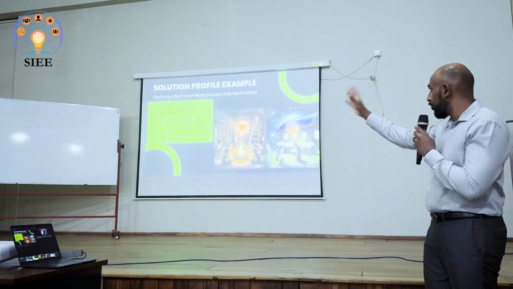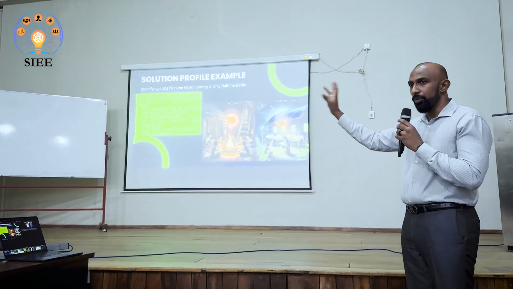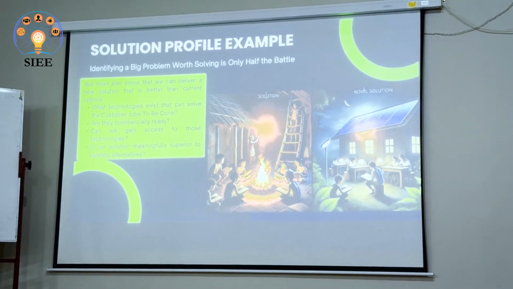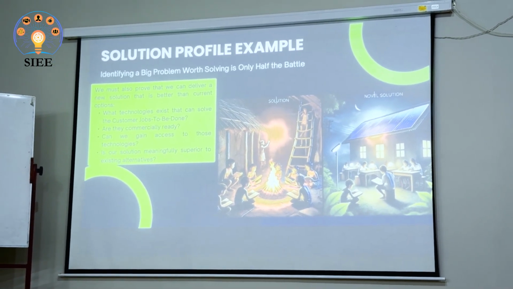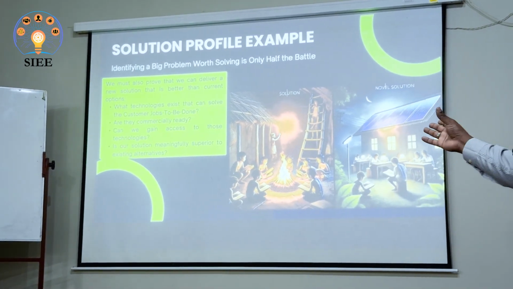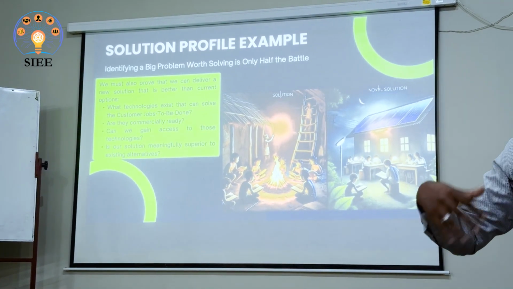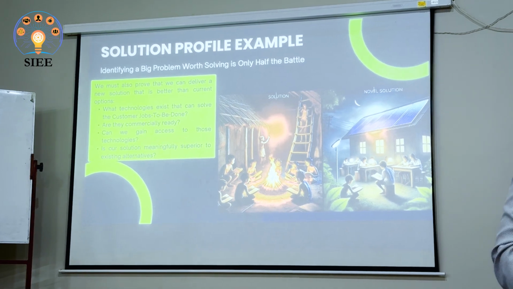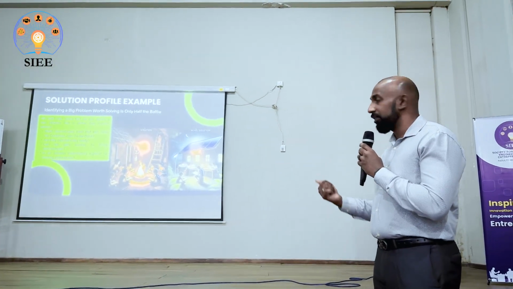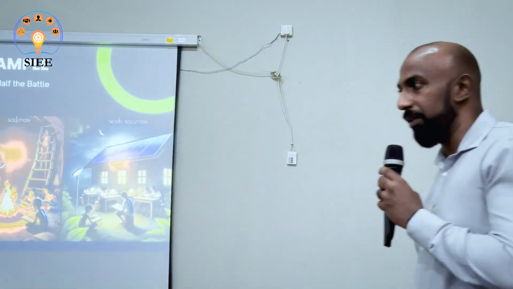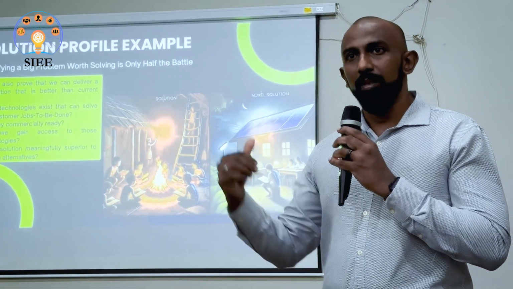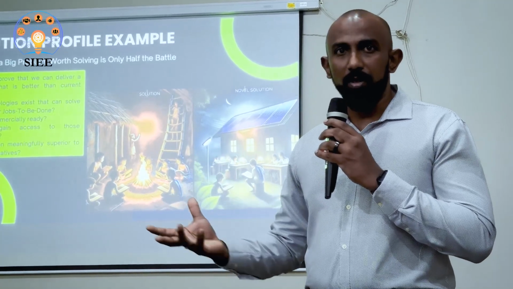So this is a good example of a solution profile, right? There are two pictures which I generated with ChatGPT. The first image is a solution: they are using fire and kids are reading books. In the second image, electricity is used, generated via solar, still the same solution but a different technology, right?